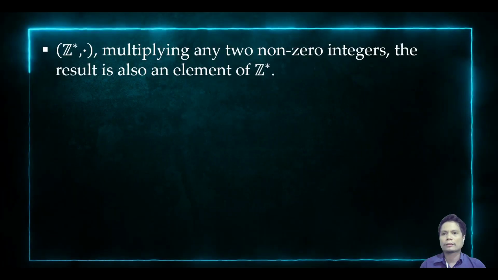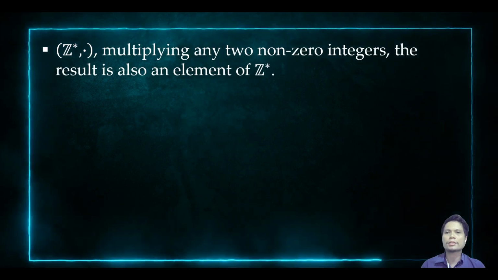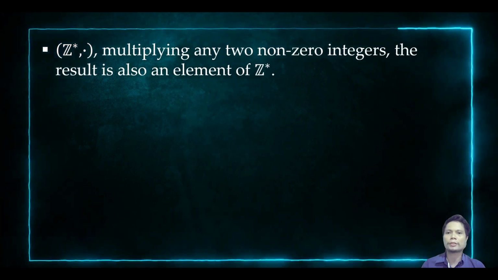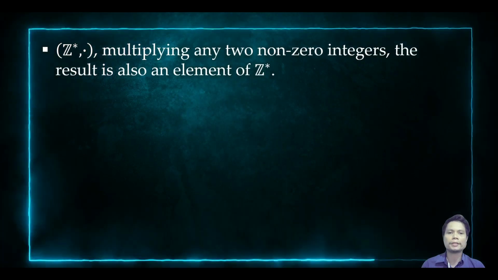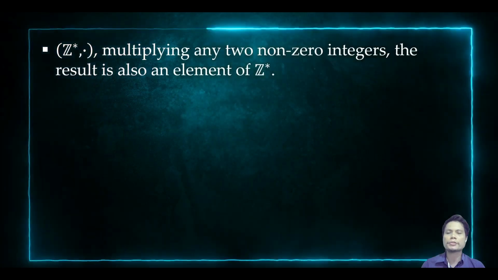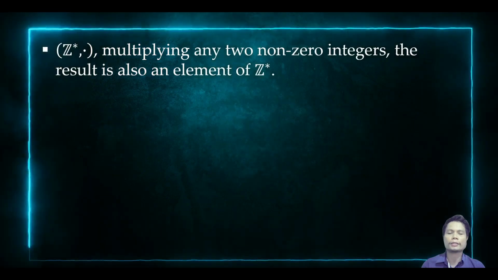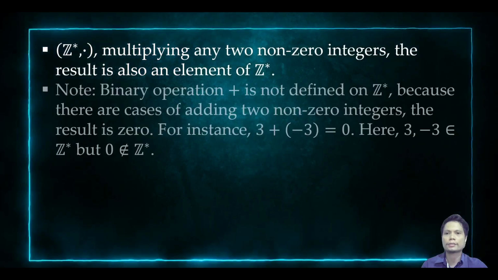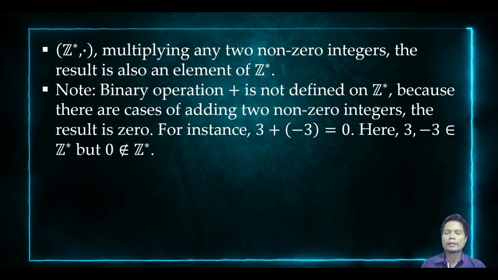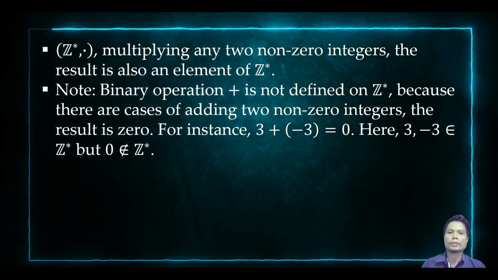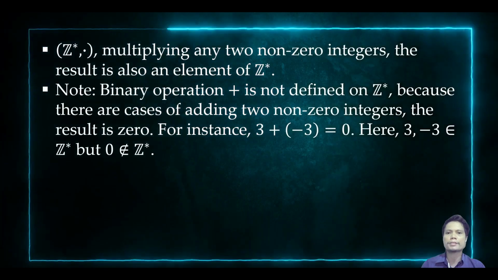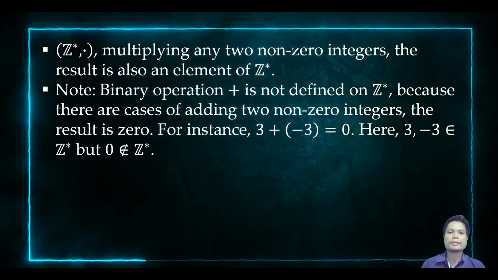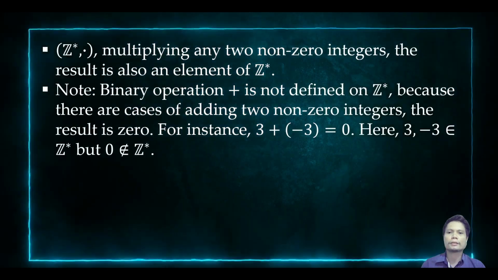The set of non-zero integers under multiplication: multiplying any two non-zero integers, the result is also an element of the set of non-zero integers. Note, the binary operation addition is not defined on the set of non-zero integers because there are cases of adding two non-zero integers where the result is 0.